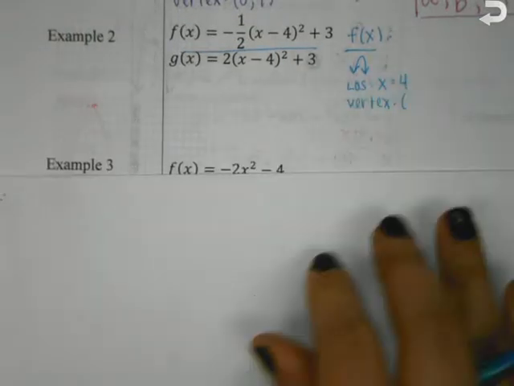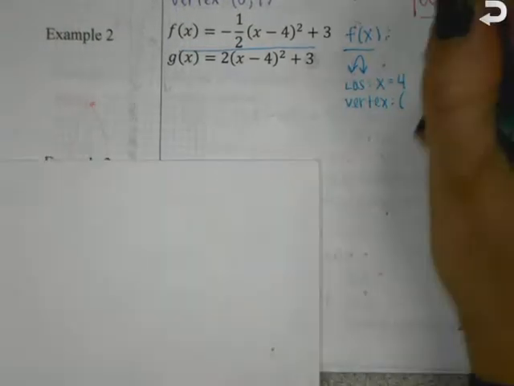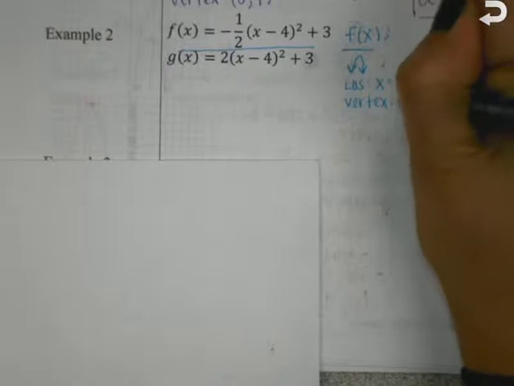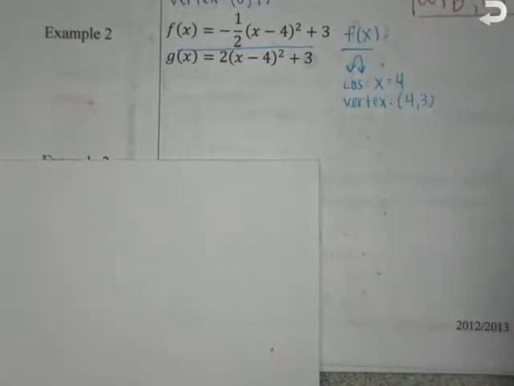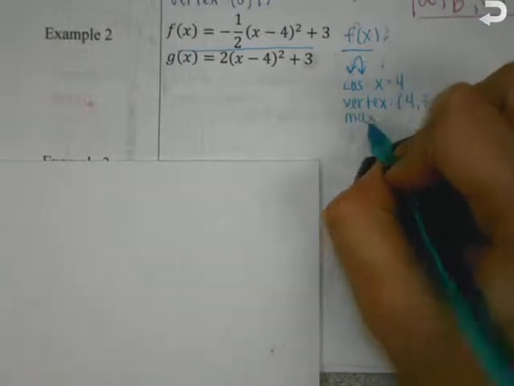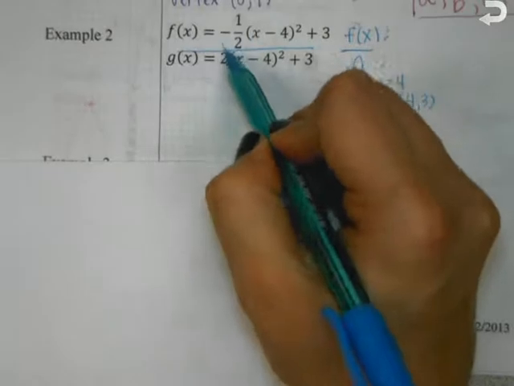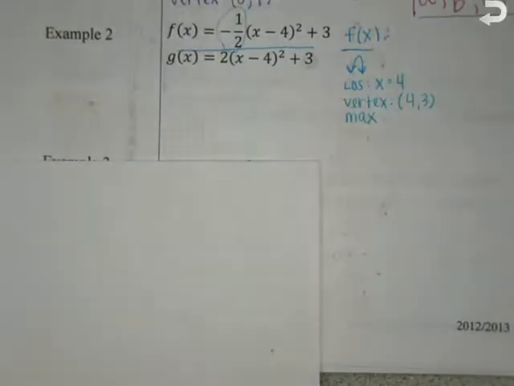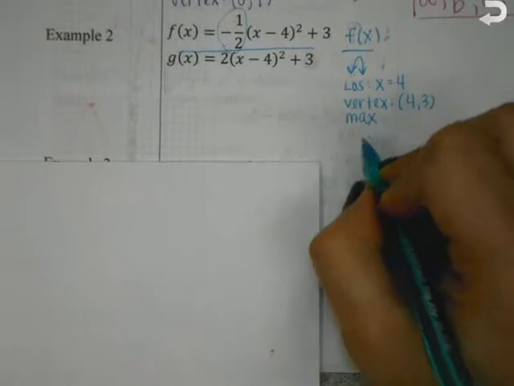Positive 4, positive 3. Does this have a min or a max? A max, because it's opening down. And since A is negative 1/2, is that a wide or a narrow parabola? It's a wide parabola. Okay.